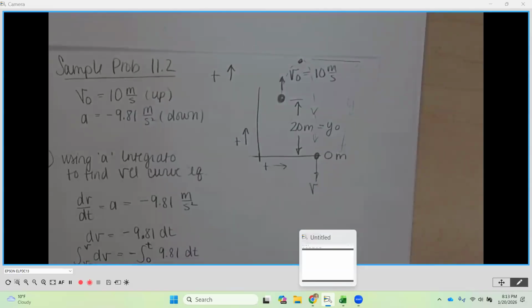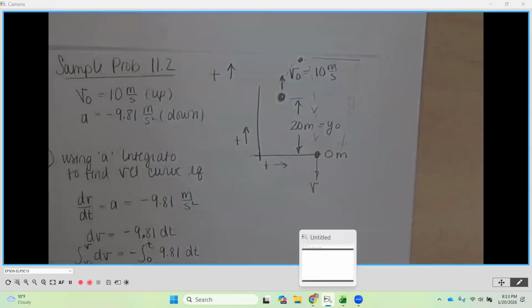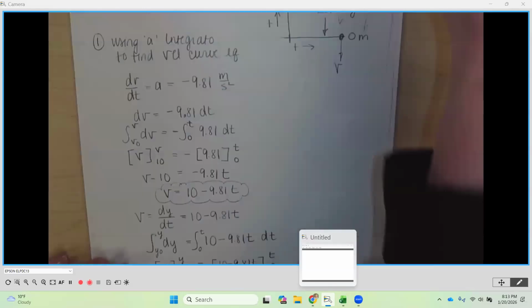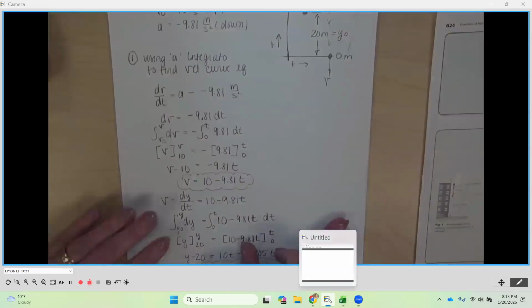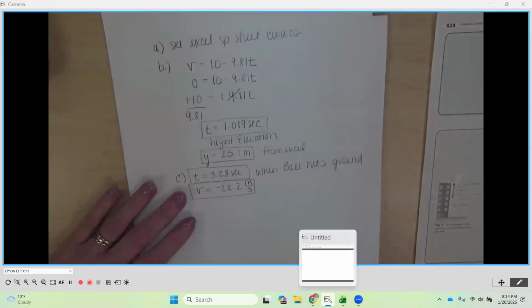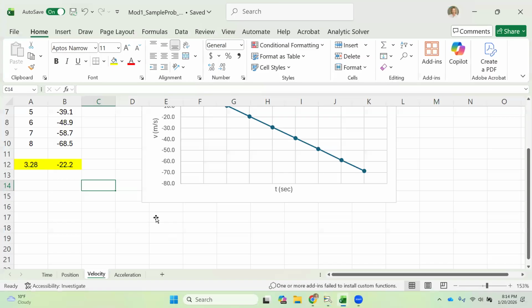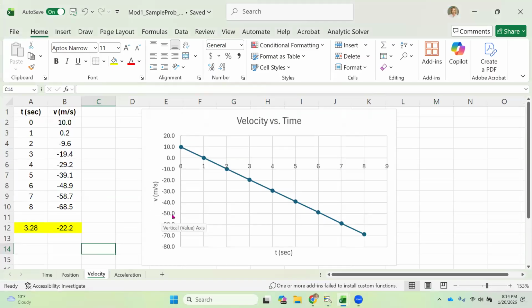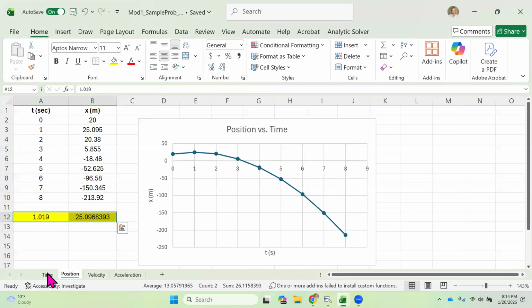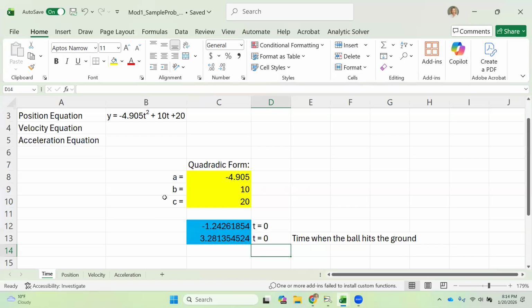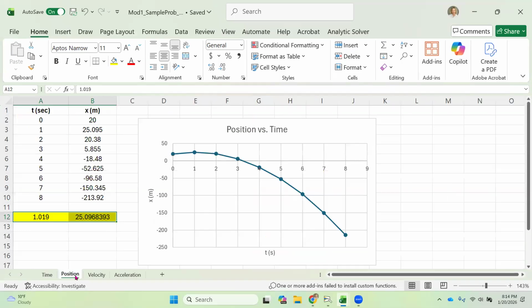Okay. All right. Now to hand in for this one, basically any of the work that we did here, okay? And if I turn over, it's going to be those guys. And then any screen snips that show that you did the calculations. So for instance, the quadratic form, you would do a screen snip here.